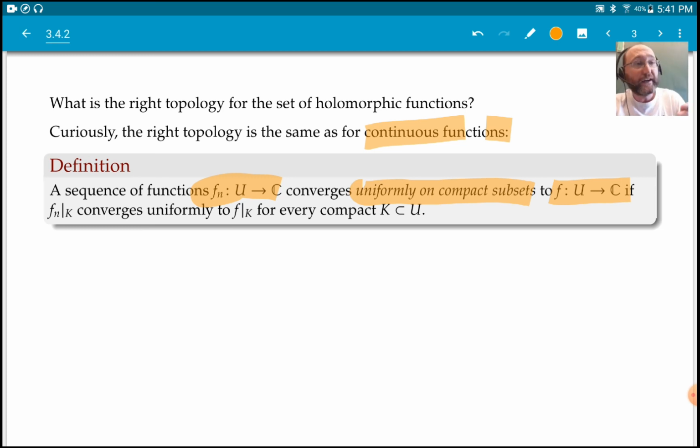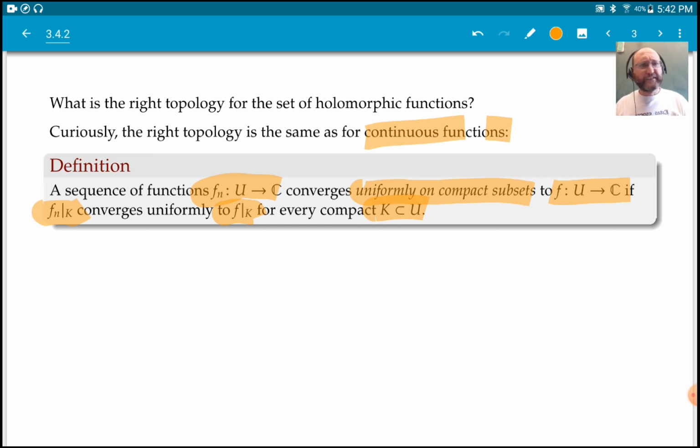Then we have uniform convergence on compact subsets if for every compact set K that is a subset of U, the restrictions of this sequence of functions, f sub n restricted to K, converge uniformly to f restricted to K. So we don't quite get uniform convergence, but on every compact set we have uniform convergence.